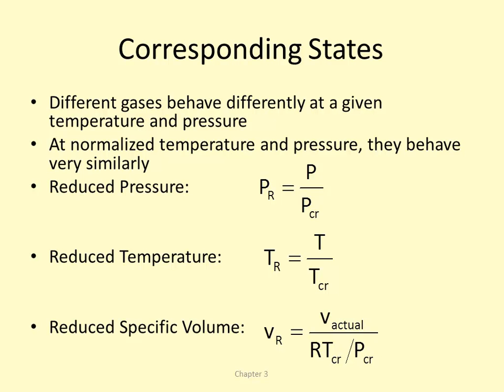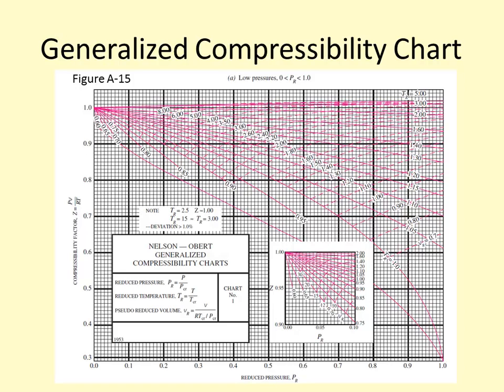I think table A1 is where they are. If we have a given pressure, then we can divide through by the critical point pressure. Then we can use this compressibility chart to find our Z factor. So let's say we calculate our P sub R and we calculate a T sub R. We find P sub R here. Let's say it was 0.7.